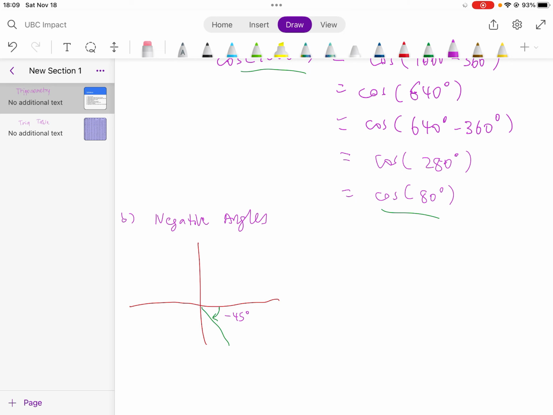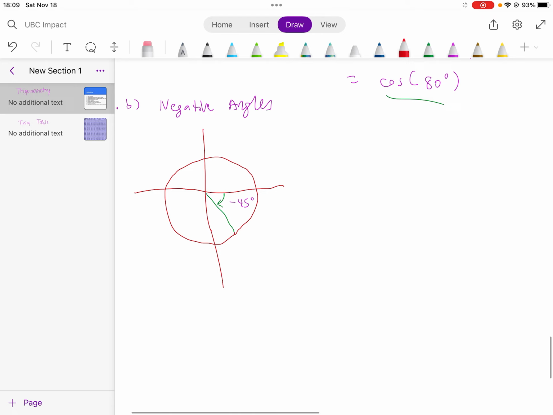Notice how if you do this and you draw the unit circle like this, you notice that this point right here, call that XA, YA, is the same as if you drew an angle that goes this way.